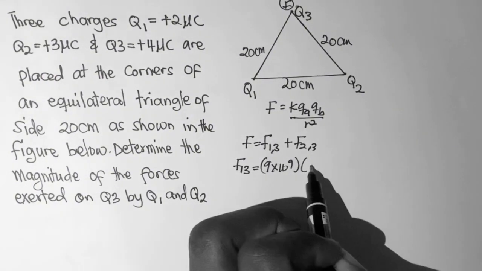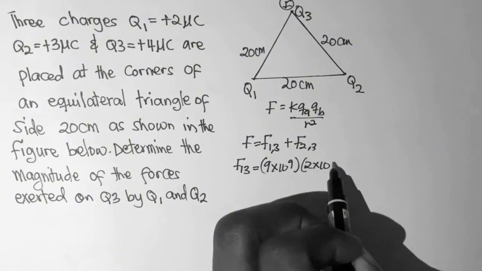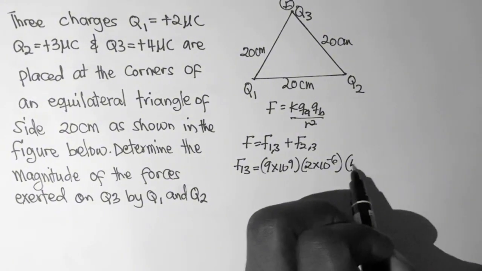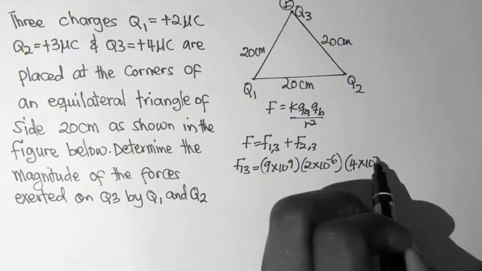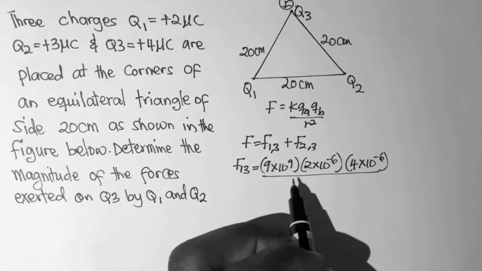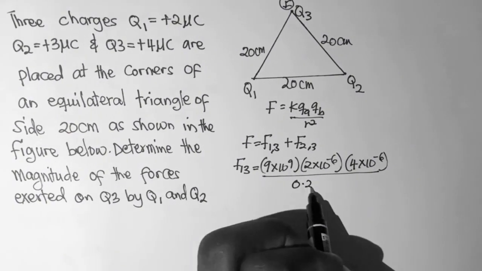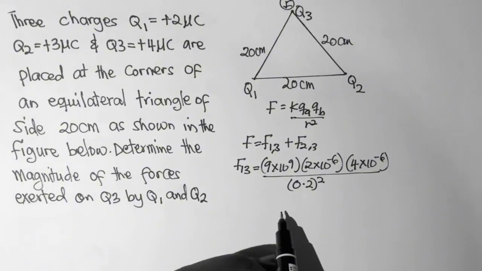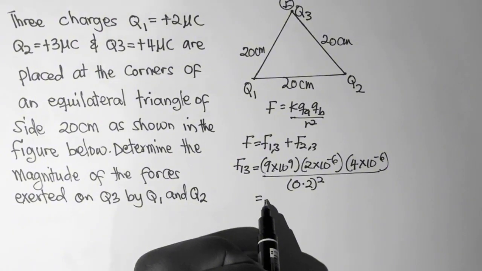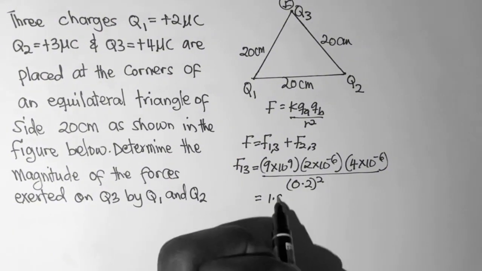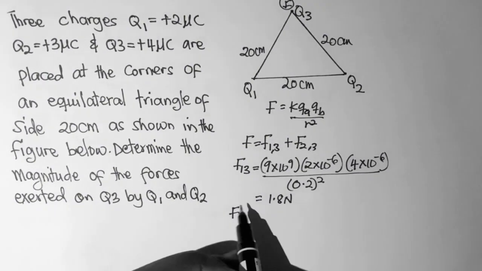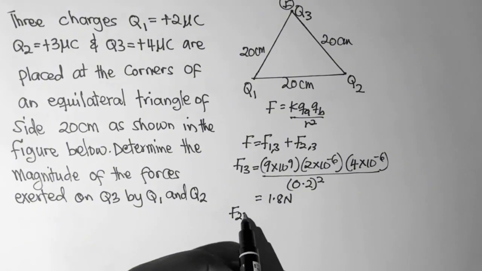So Q1 is 2 microcoulombs, so 2 times 10 exponent minus 6, then times the third charge, Q3, which is 4 microcoulombs, 4 times 10 exponent minus 6, divided by the distance between them, which is 20 centimeters, the same as 0.2 meters, squared. If you compute this, you are going to get 1.8 newtons.